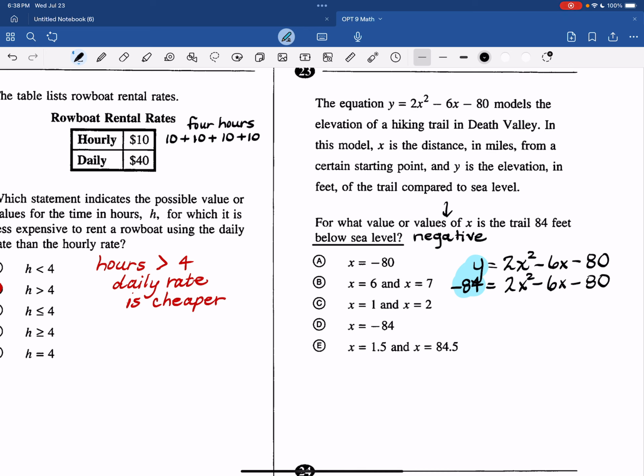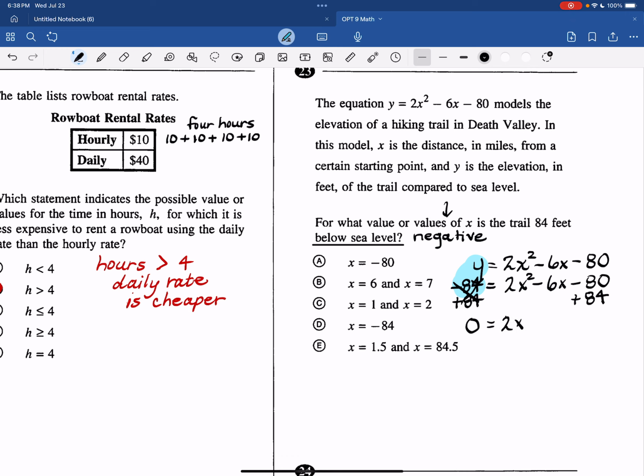So I have a quadratic equation, but it is not equal to 0. So that's the first thing I'm going to do. I'm going to take this 84 over to this side so that I can make this equation equaling 0.